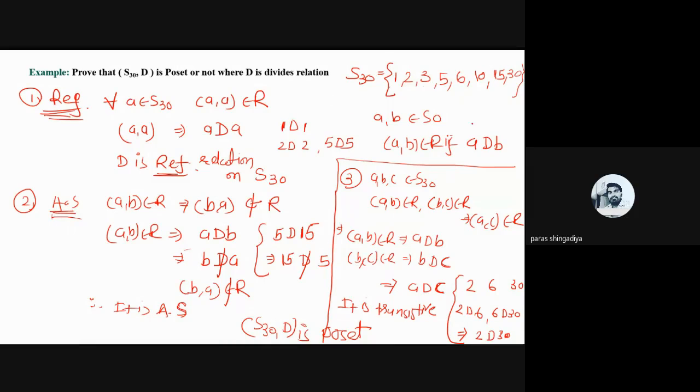So consider any set in place of S30, such as S60, S90, S25, S100, S200. The set will be modified, but the argument we apply for reflexive, antisymmetric, and transitive will be as it is in each case. So therefore it is also a poset. You can also try for S60, S90, S25, and put the same data there.